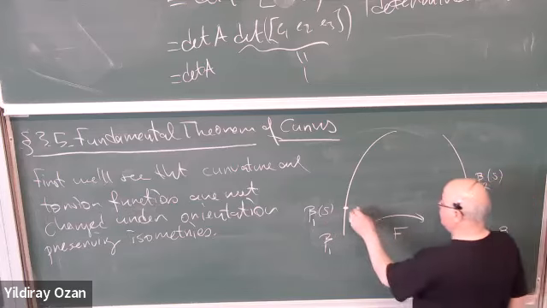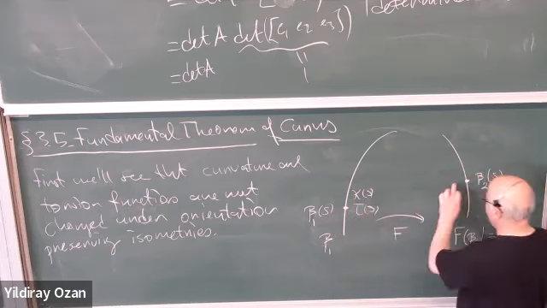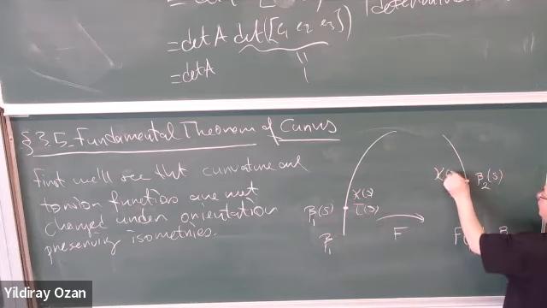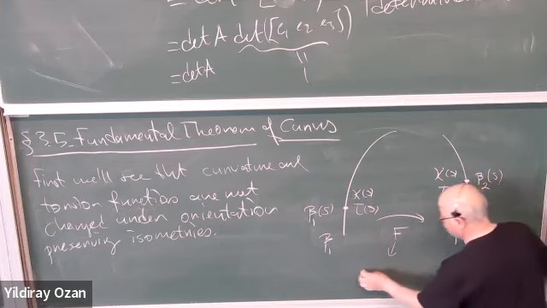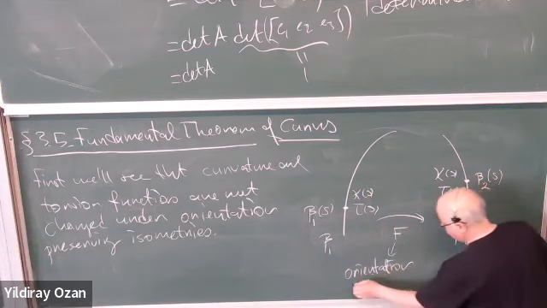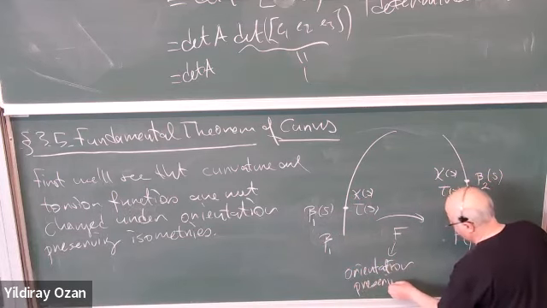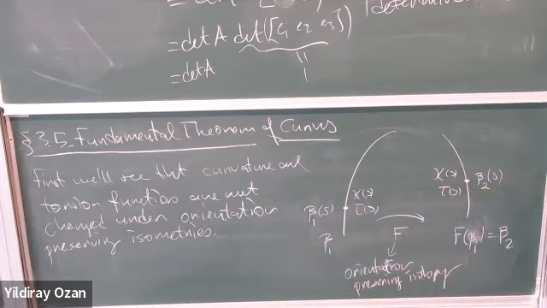So torsion and curvature are functions of S. We will see that curvature and torsion are the same at this point, if F is an orientation preserving isotopy. Okay, so that's the plan. First, we will do this.